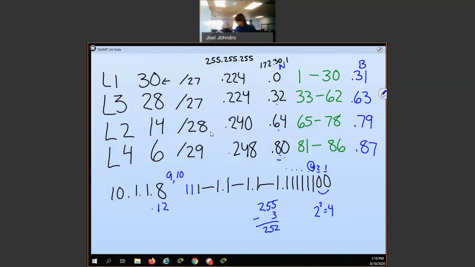So our subnet mask is 255.255.255.252. So let's set those up in Packet Tracer, the WAN link with those IP numbers of .9 and .10 with the .252 for the subnet mask.